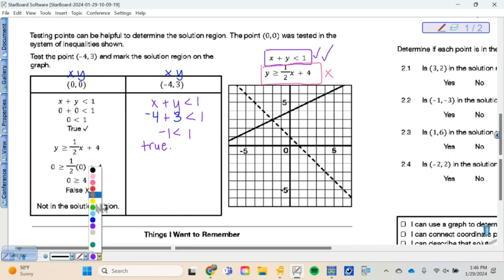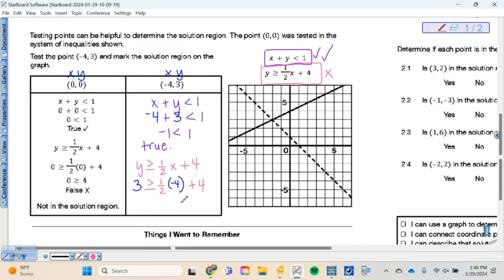Let's try the second inequality. y is greater than or equal to 1/2 x plus 4. But I'm going to plug in negative 4 for x and 3 for y. So is 3 greater than or equal to 1/2 times negative 4 plus 4? I don't know off the top of my head, so let's simplify it.